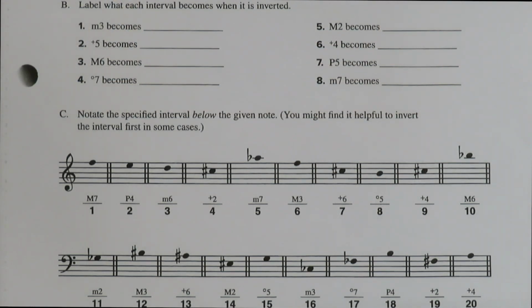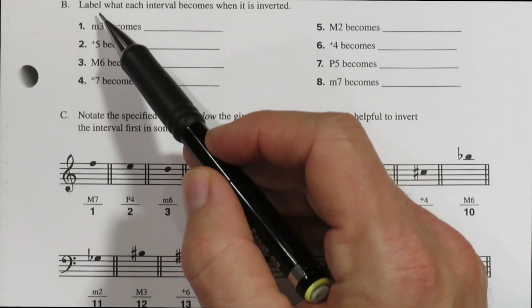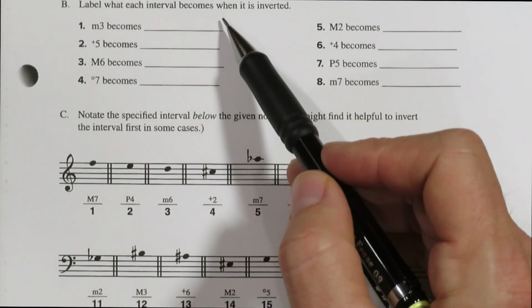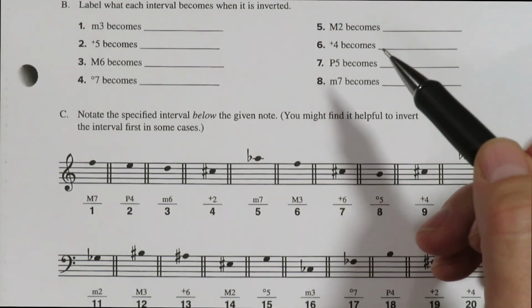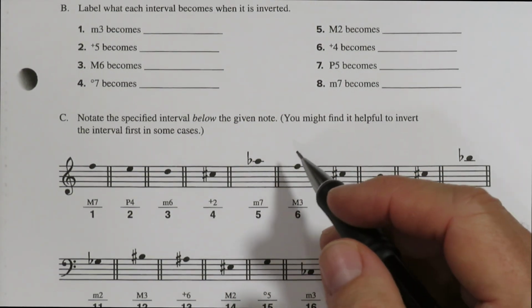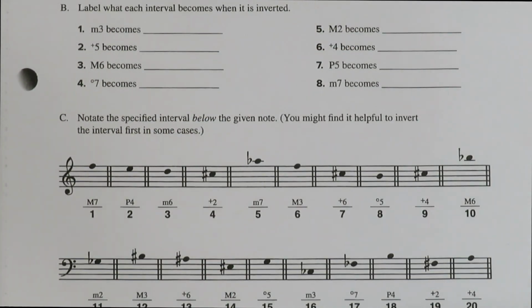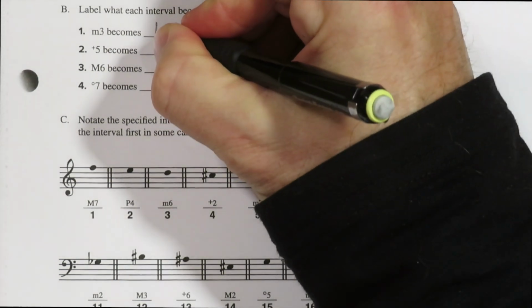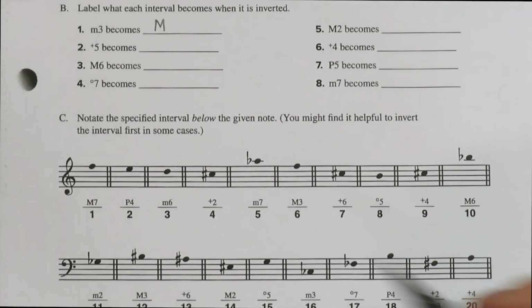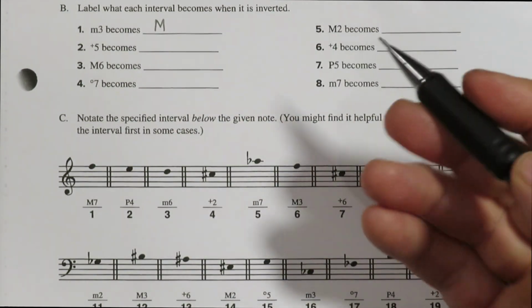Okay, so here we are, section B. Label what each interval becomes when it is inverted. All right, so a minor third becomes what? So minor inverts to major. That's going to be some kind of major. Thirds invert to sixths, right?